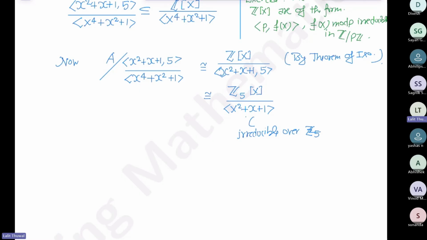Z[x] by the ideal generated by x squared plus x plus 1, comma 5, how can it be isomorphic to Z_5[x] by the ideal generated by...? I can't understand that.